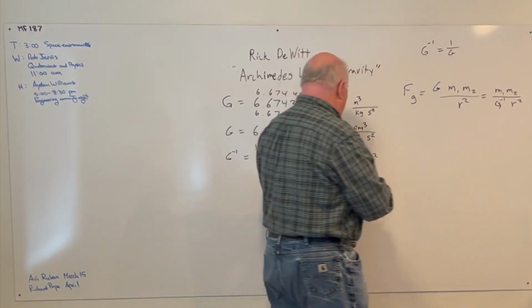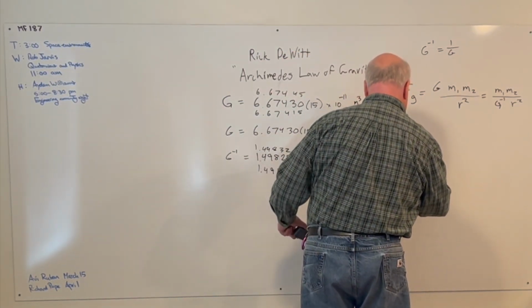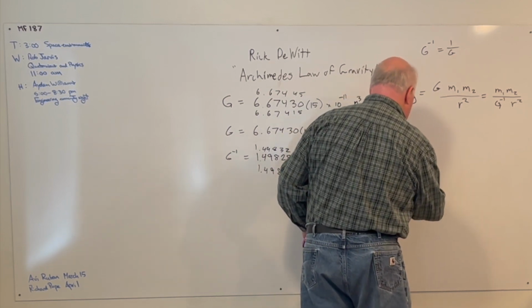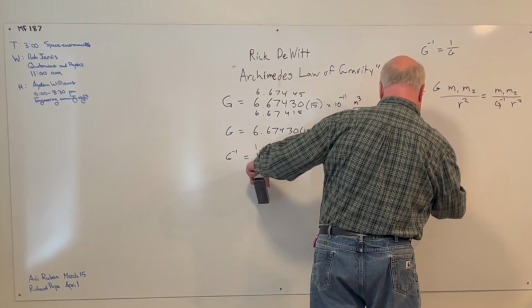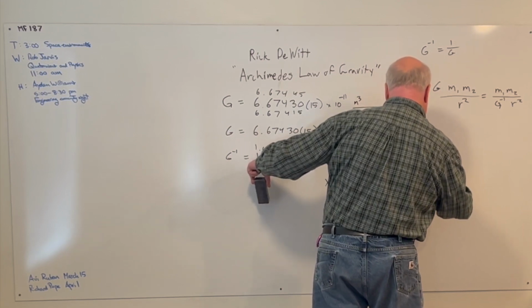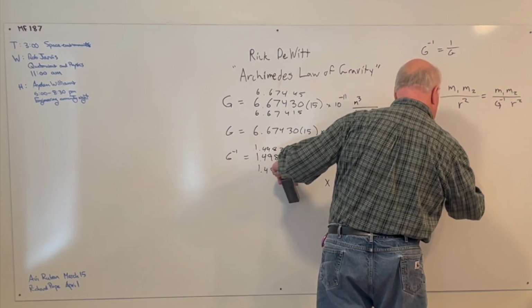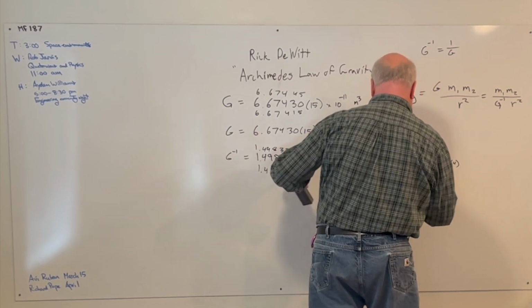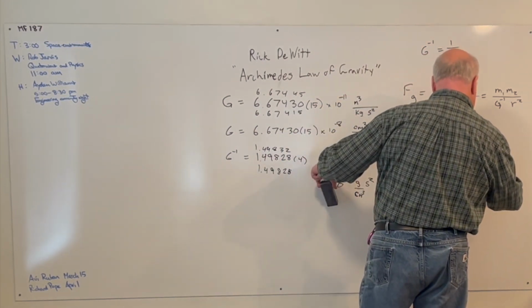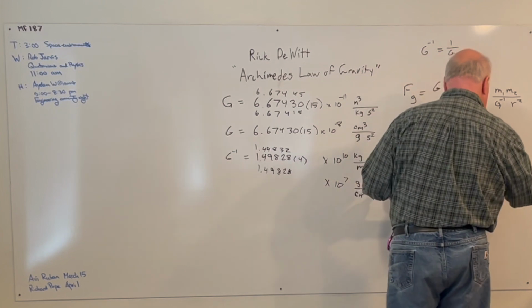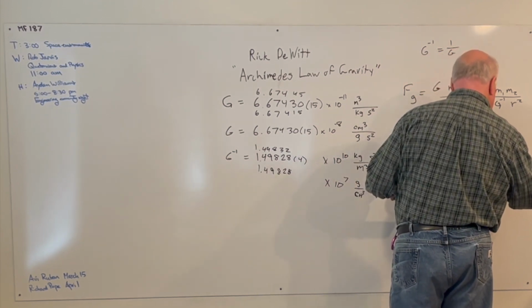Okay? So I could say that implies that G inverse is 1.49828 uncertainty 4 times 10 to the 7th power times rho 1 times second squared.